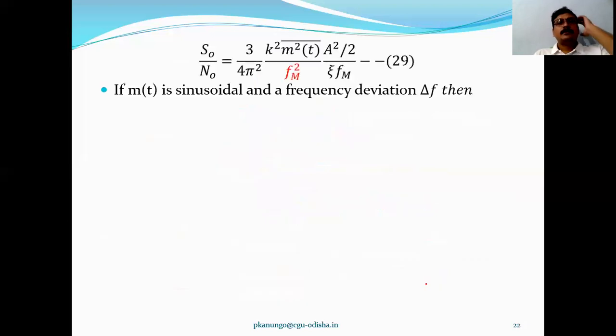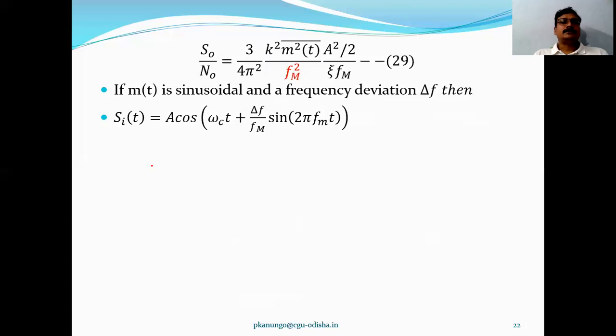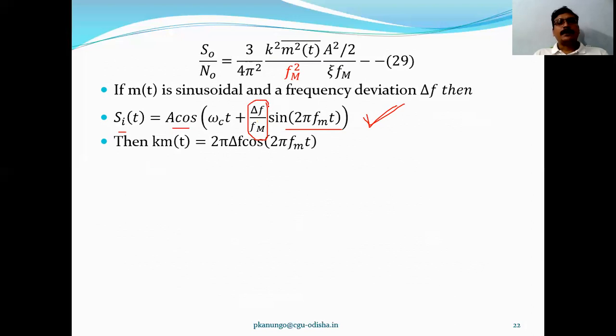Therefore, if m(t) is sinusoidal and the frequency deviation is delta f, then the input signal power SI can be written as A cos of delta f by fm, this sine term. If you look at the FM equation, this is my beta term. Modulation delta f by fm is my modulation index. Then I can write the k m(t) term.